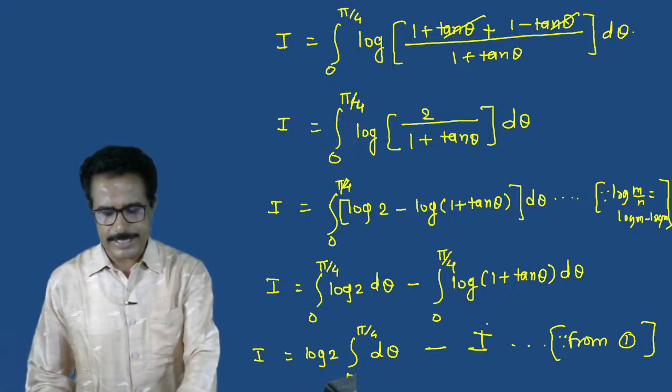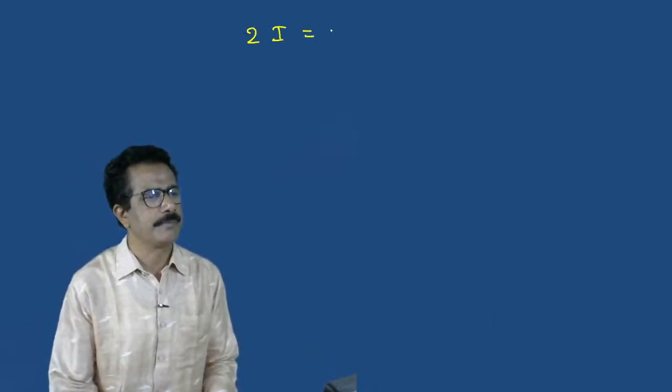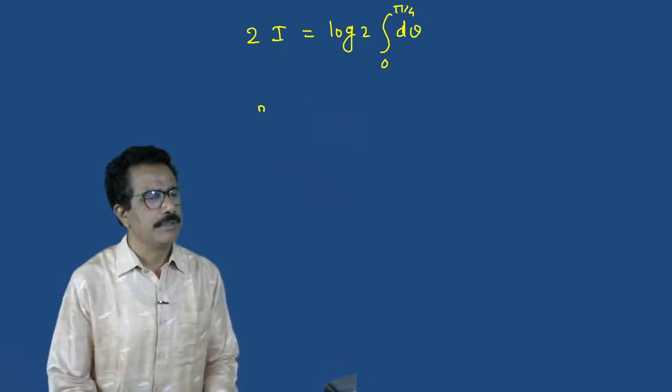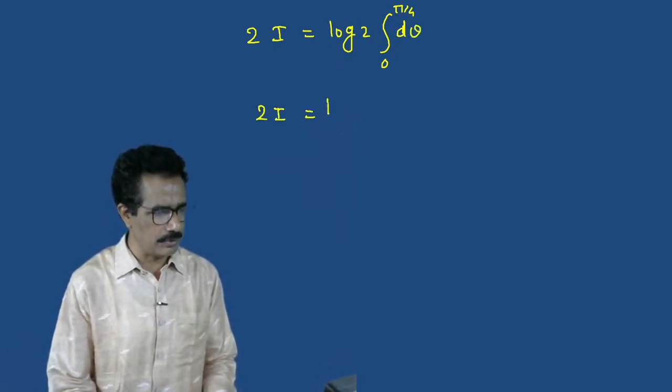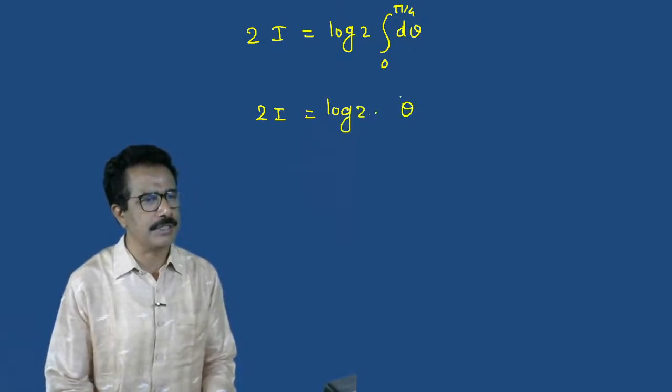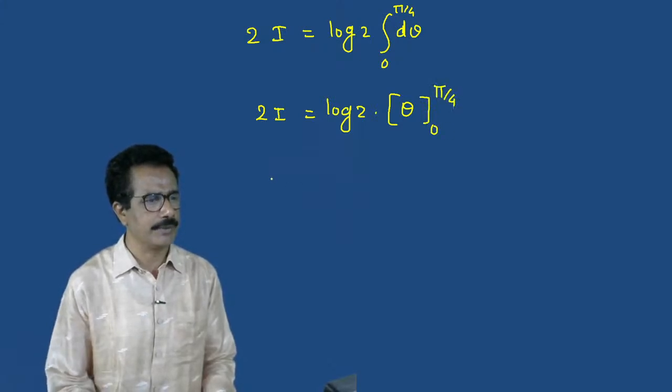Now we can take the left side: 2I is equal to log 2 times the integral from 0 to pi by 4 of d theta. So 2I is equal to log 2 times the integral of d theta, with theta from 0 to pi by 4.